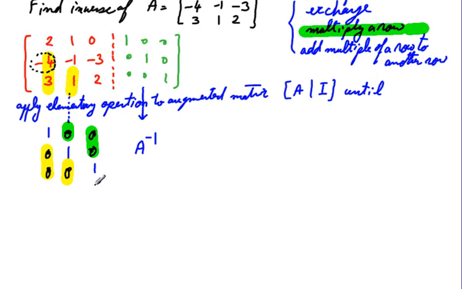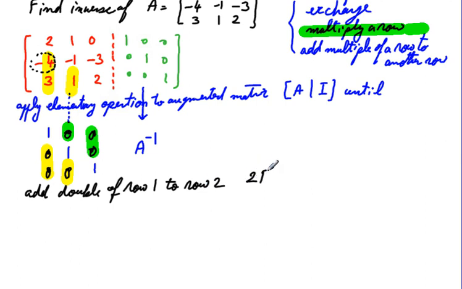So we can apply twice row 1 and add it to row 2. How did we say we write this?